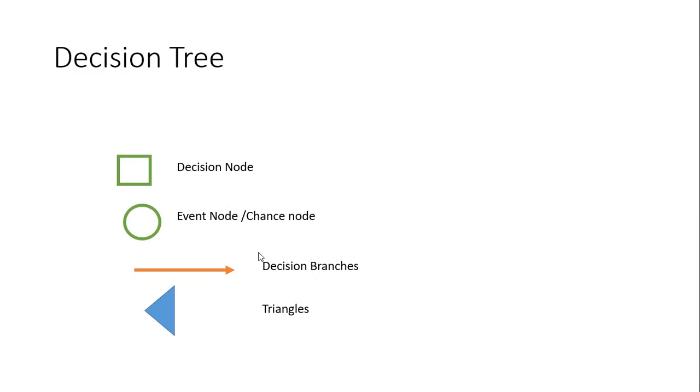And if you are not doing insurance and goods are getting burned, that time you will not get any compensation, you will have a loss. So how much loss you will have, that much you can calculate with the event node. So event nodes will be two. The decision maker has to take two decisions, whether he will take insurance for the premises or whether he is not taking insurance of the premises.